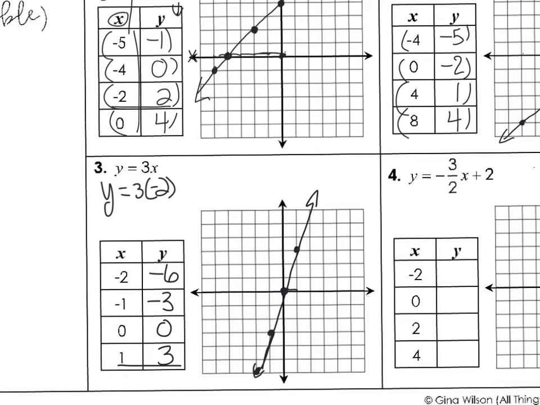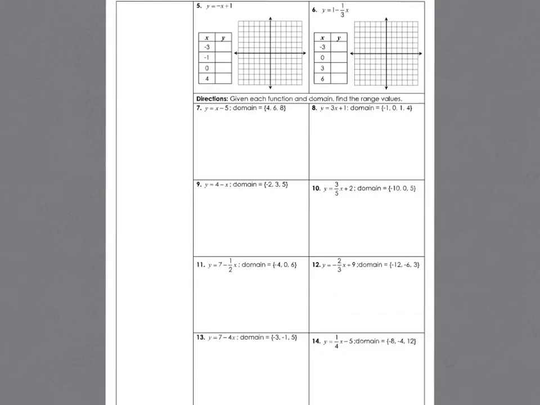All right, let's go to the next page. I'll leave some of those for you to practice on. All right, the next says they're going to give us the equation, and they're telling us that some of the domain is 4, 6, and 8.